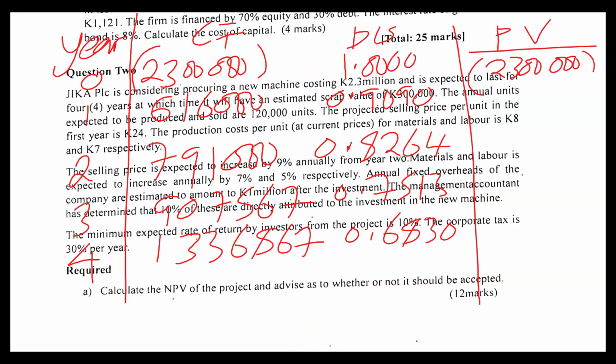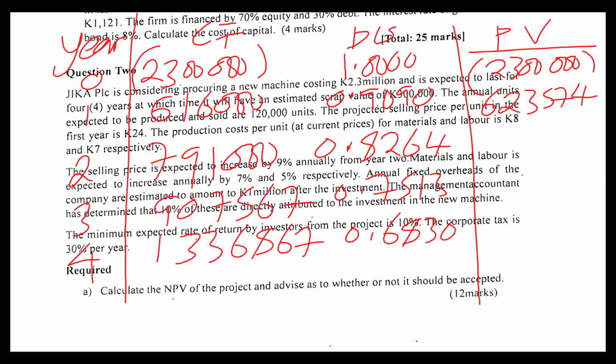Multiply this times the discounting rate. The cash flow times the discounting rate, what do you find? 623,574. Okay, come to the second year.